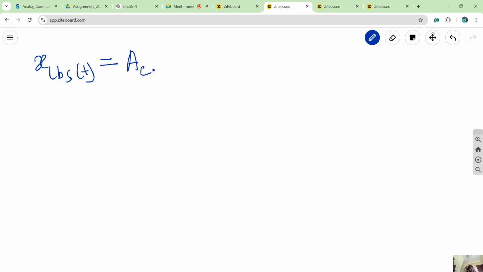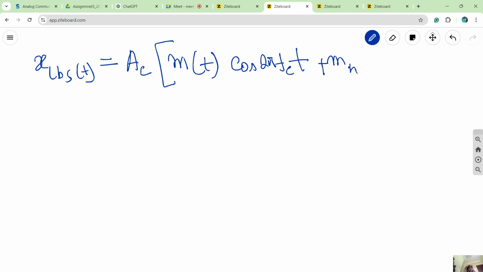Magnitude of the carrier signal into message signal into cos 2 pi fc t plus, do the Hilbert transformation, and then we multiply sin 2 pi fc t.